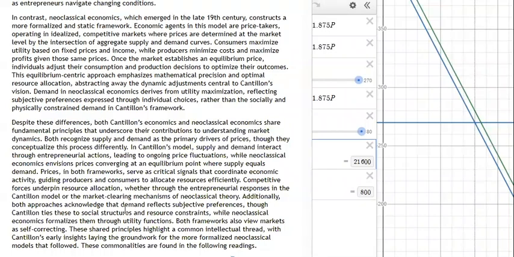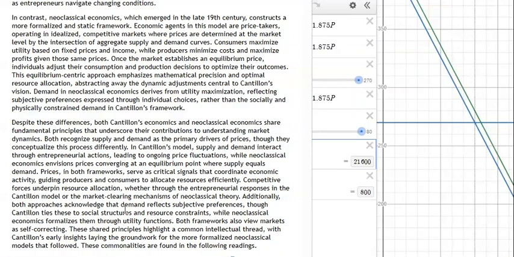Consumers maximize utility based on fixed prices and income, while producers minimize cost and maximize profits given those same prices. Once the market establishes an equilibrium price, individuals adjust their consumption and production decisions to optimize their outcomes. This equilibrium-centric approach emphasizes mathematical precision and optimal resource allocation, abstracting away the dynamic adjustment central to Cantillon's vision.